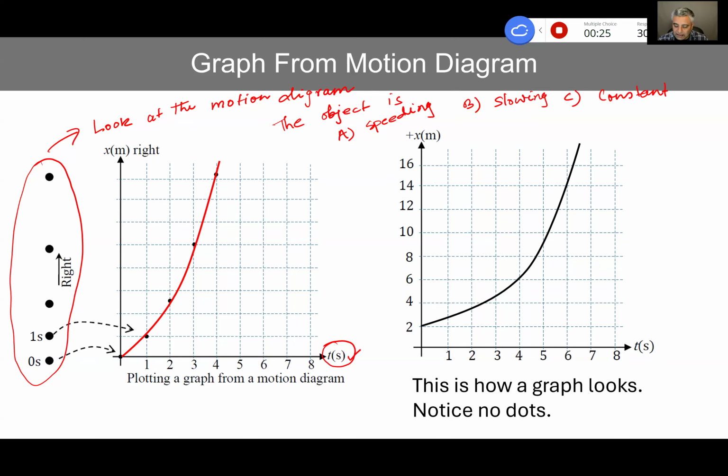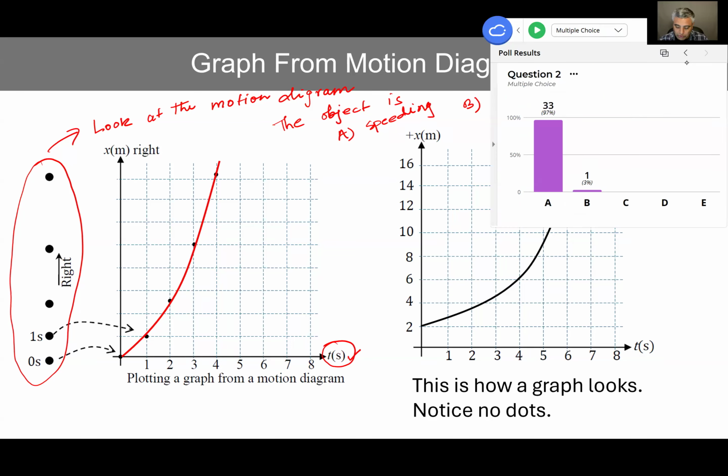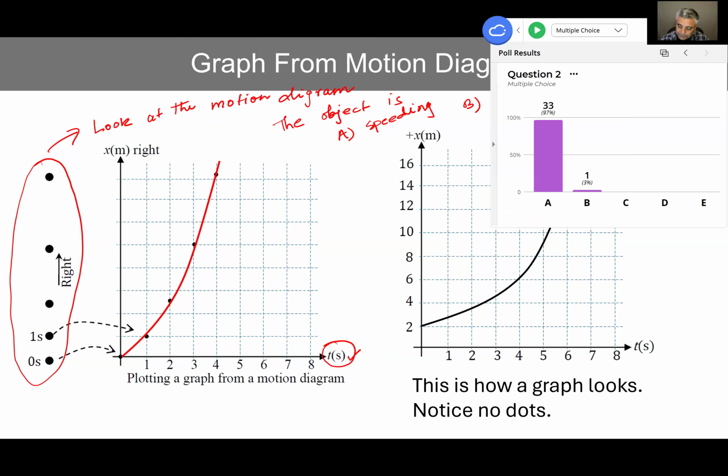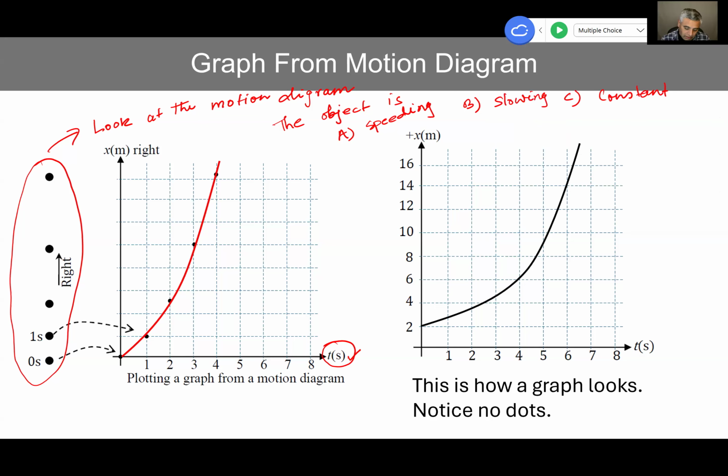Five more seconds. 5, 4, 3, 2, 1, and it stops. Okay. So let's see what we got. So mostly A, almost all of them are A. So it's speeding up. So that is correct. So if I were to draw a line, I see the line is getting longer and longer and longer.